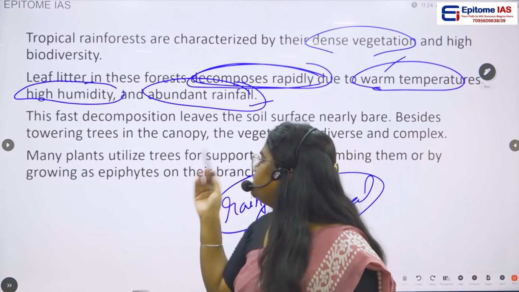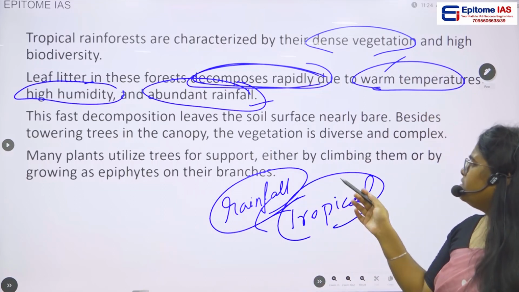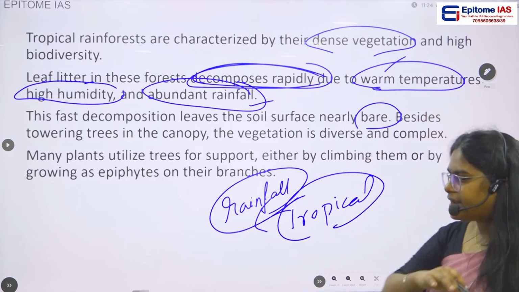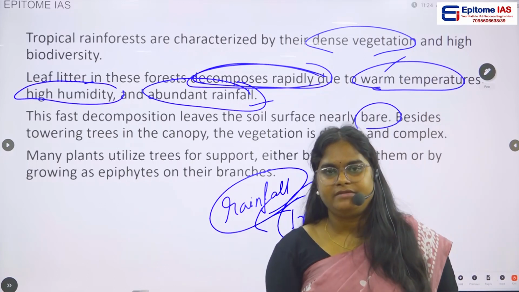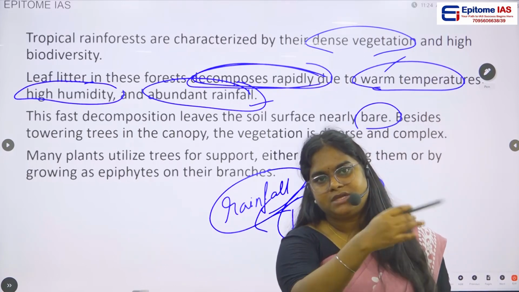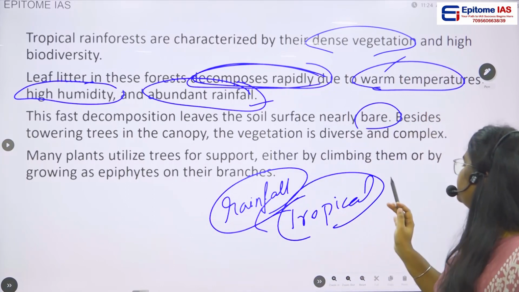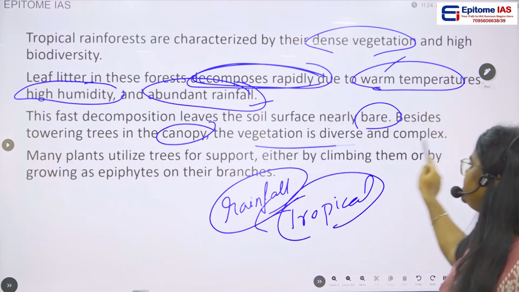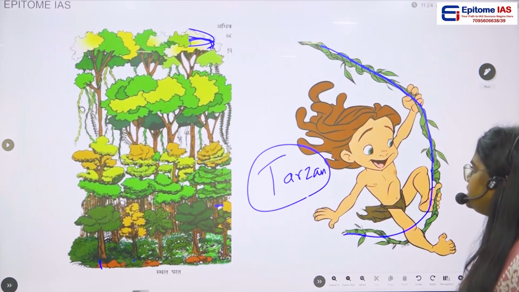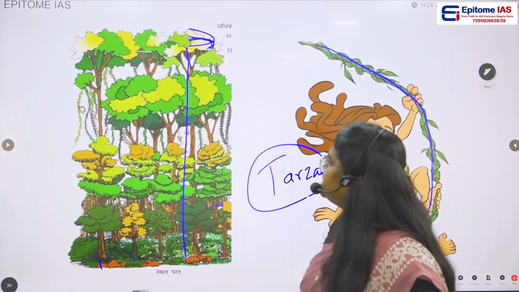And this fast decomposition leaves the soil surface bare. And there is another reason. What is that reason? Because of heavy rainfall, it leaches out the nutrients present in the soil. Besides towering trees in the canopy, the vegetation is diverse and complex. See here, these are towering trees.